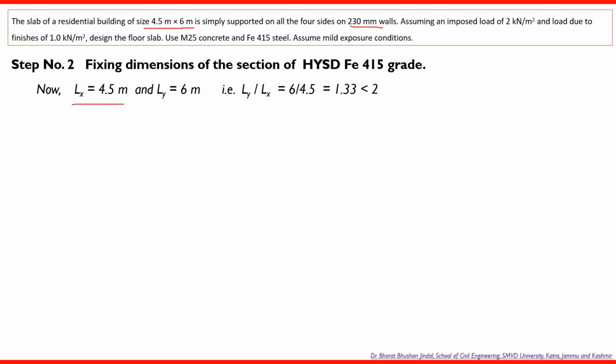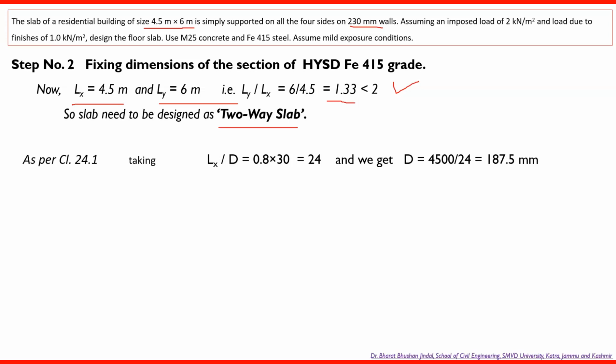So Lx we take equal to 4.5 meter, and Ly, the longer span, is 6 meter. Taking the ratio Ly by Lx, we get 1.33, which is less than 2. That means the slab which we are going to design will be a two-way slab.